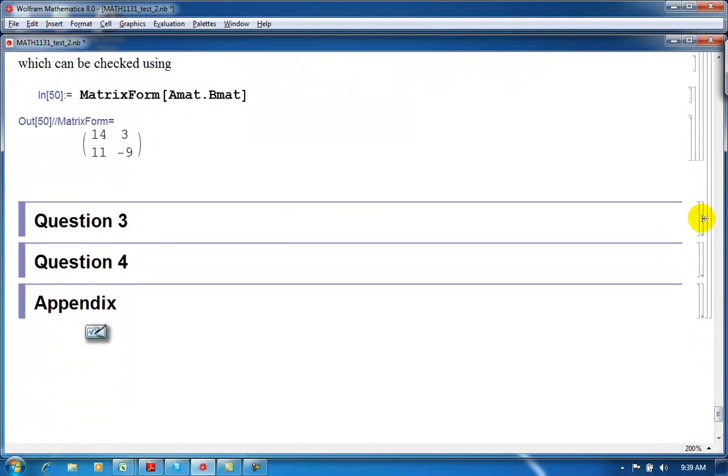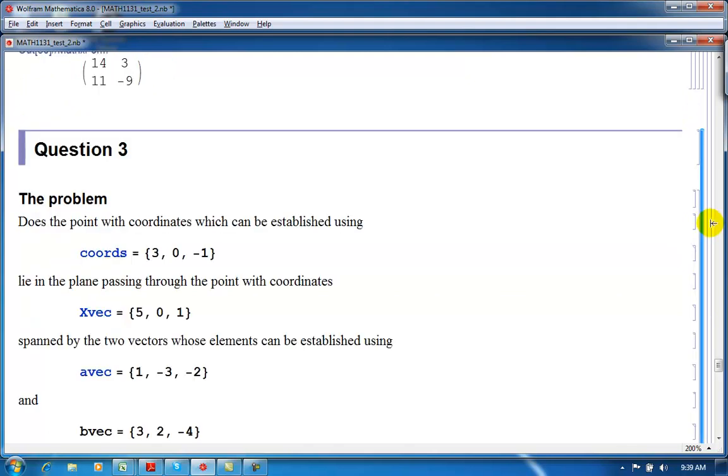And now we go to check question 3. We're asked, does the point with coordinates 3, 0, minus 1 pass through the point with coordinates, this one, spanned by 2 vectors whose elements are this. So that's the vector.